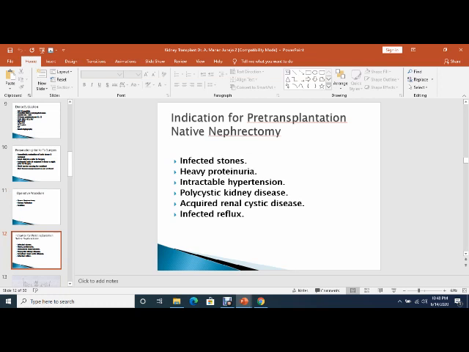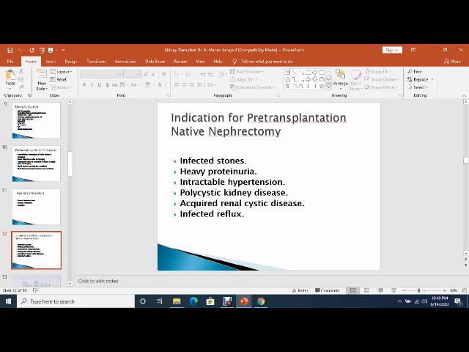So usually in native nephrectomy, meaning a patient of end-stage renal disease, the kidneys may be shrunken or normal size. So we should not remove the kidney, but sometimes there are indications for pre-transplant nephrectomy.